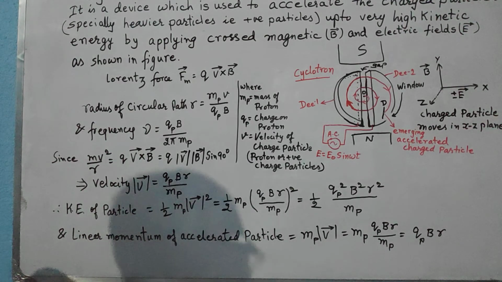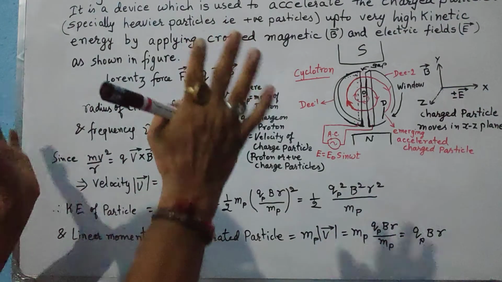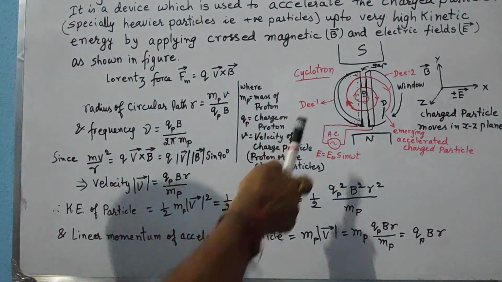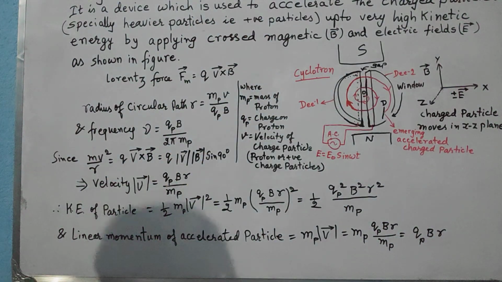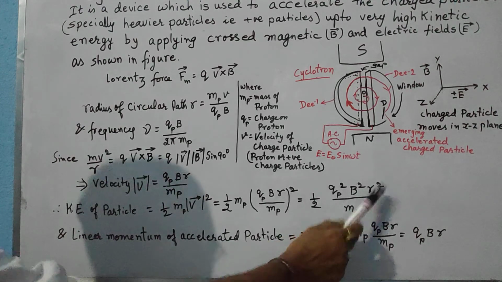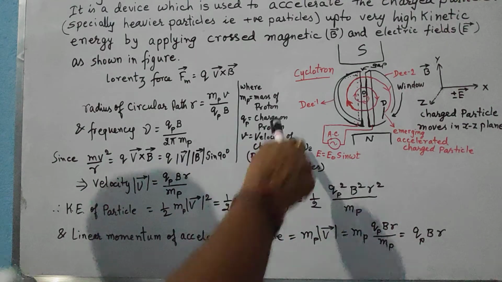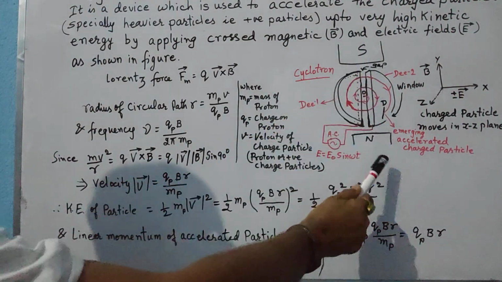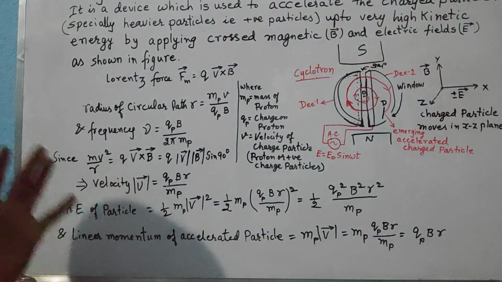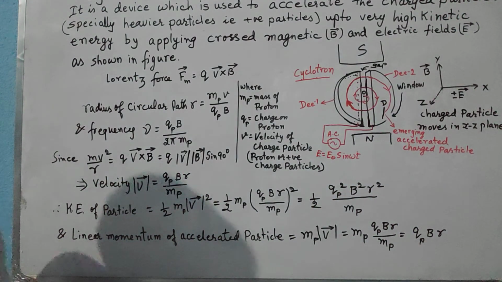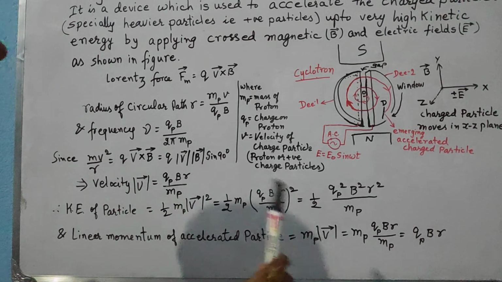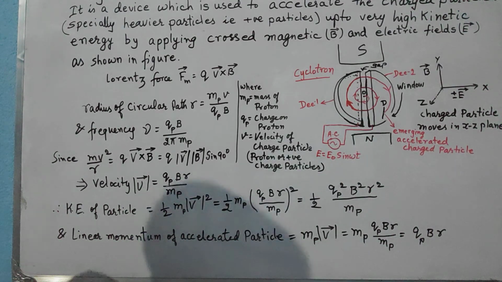So more and more energy is required, and a greater area of the cyclotron will be required. For greater energy we need greater radius, and for greater radius we need a greater magnetic field, and that magnetic field consumes a lot of energy. So this device has the limitation that it is very energy consuming.